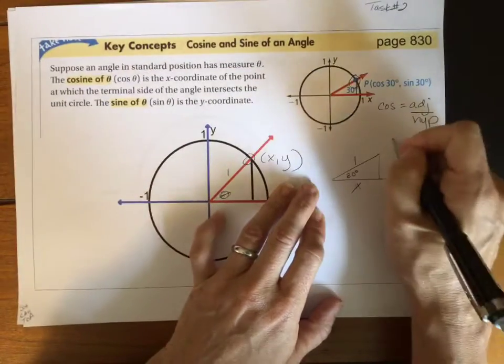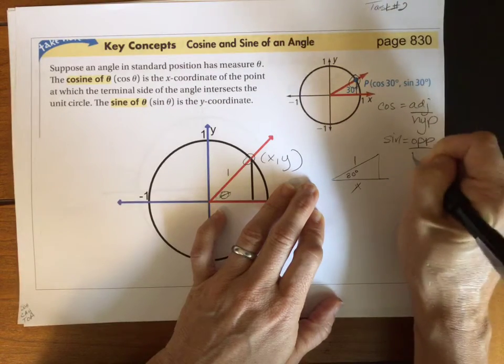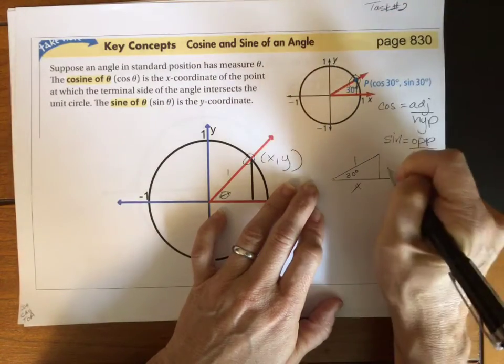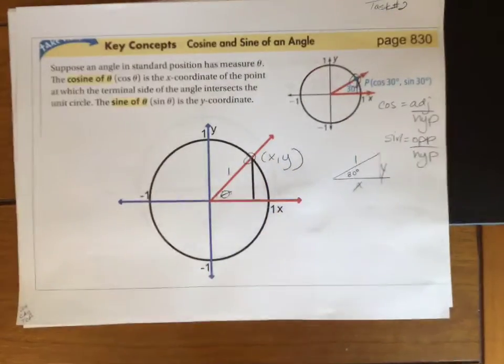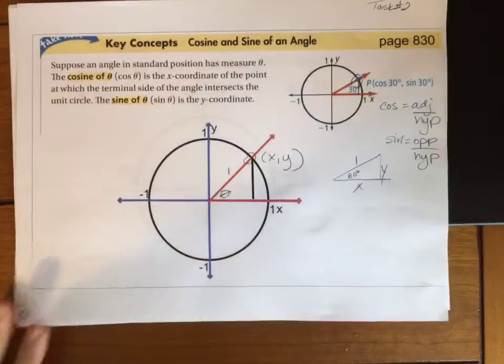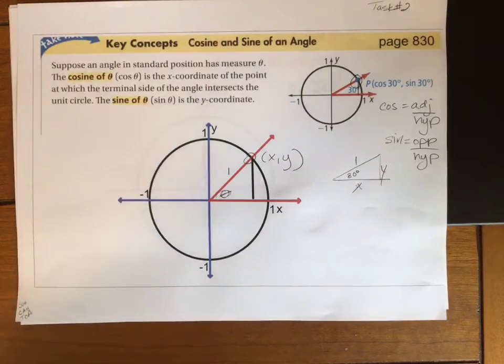And then we know that sine is opposite over hypotenuse. And here's my opposite from my angle. That's my y value there. So we can now say that x and y is just cosine of the angle and sine of the angle, respectively. So what would it be for a 30-degree triangle?